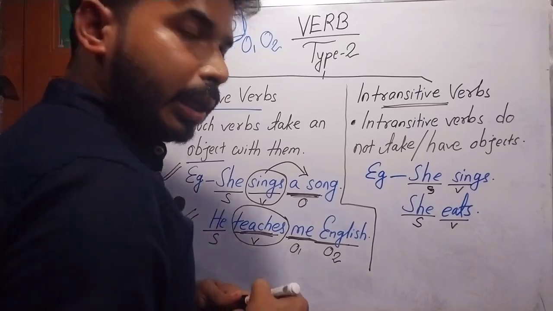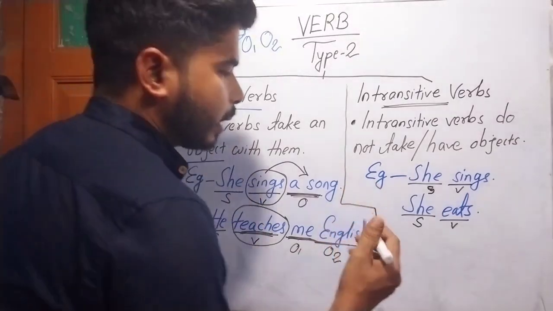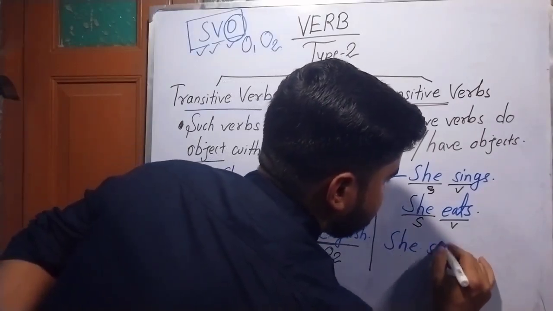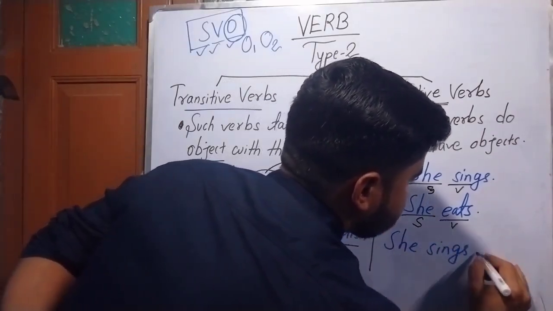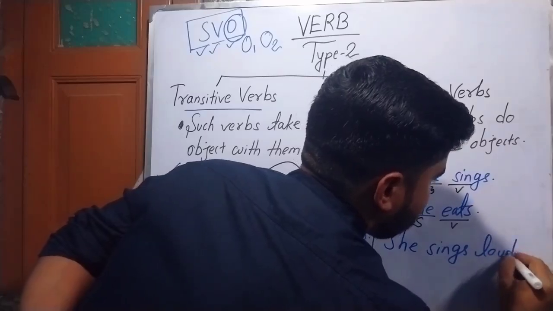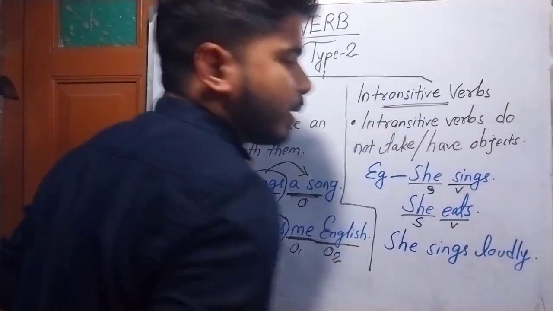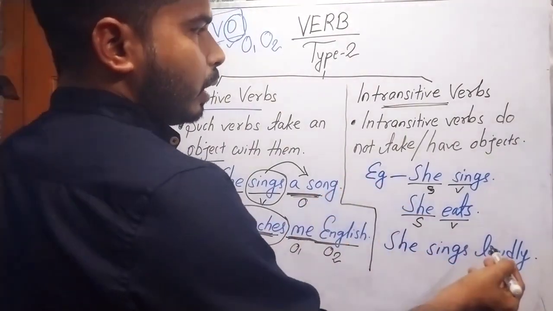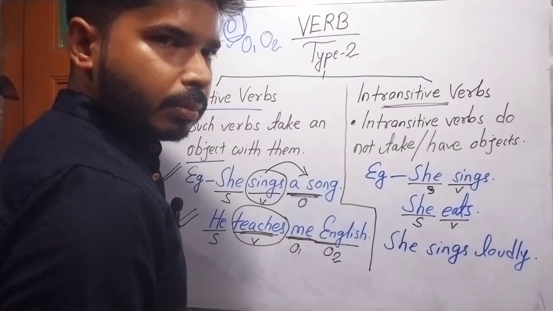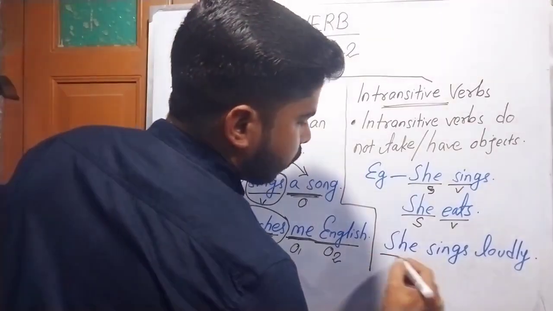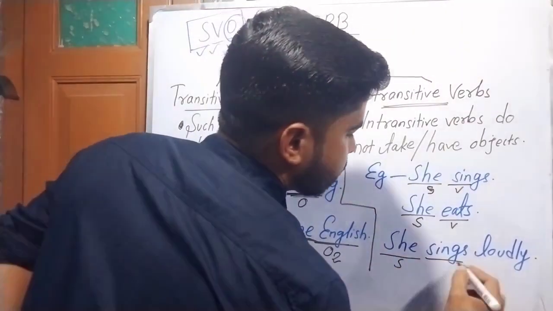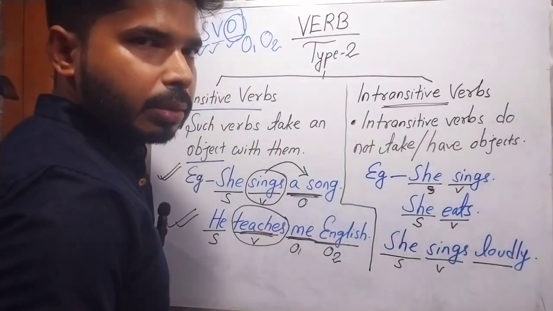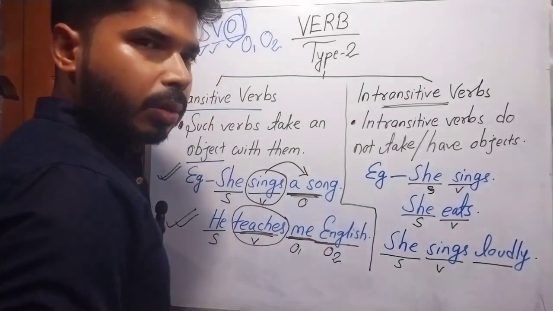But if I write, she sings loudly. If I write she sings loudly, then can we say that this is intransitive? If you notice, she is the subject, sings is the verb, and loudly looks like an object. Then is it an object or not?